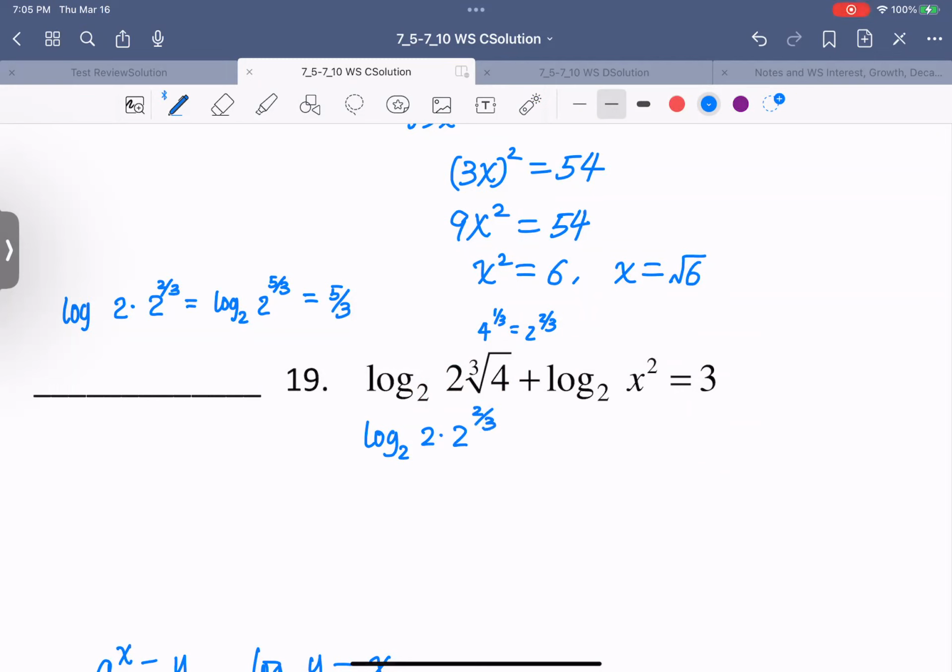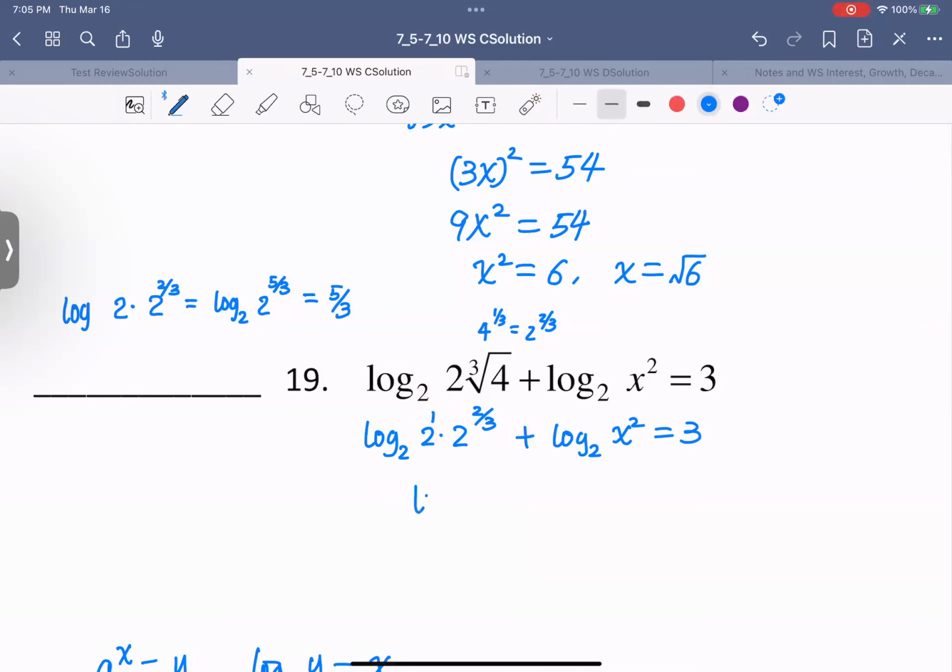Yes. And this is 1, correct? Yes. And then plus this guy equals 3. So this guy is 2 to the power of 1 plus, right? Yes. And then you have base 2 here, you have base 2 here, you have a plus.